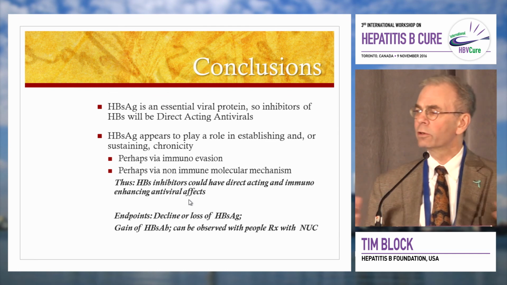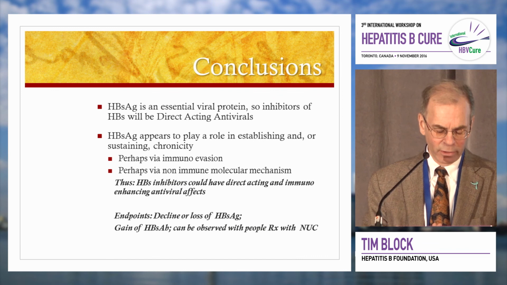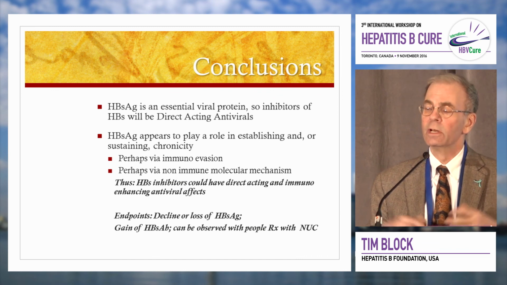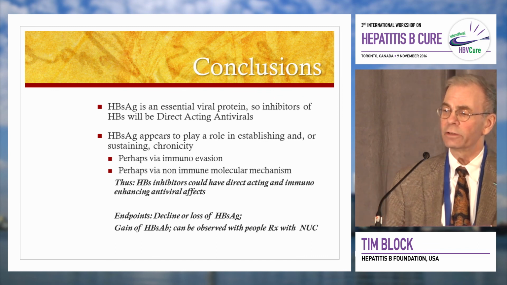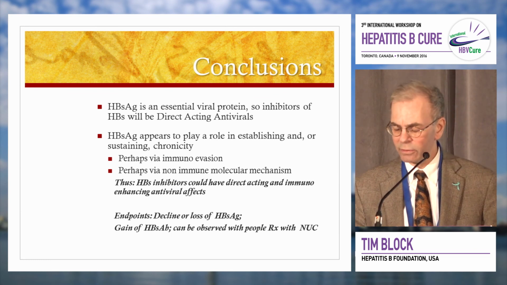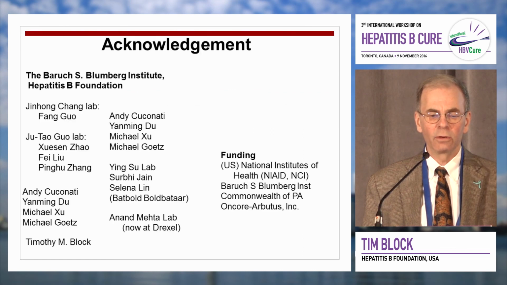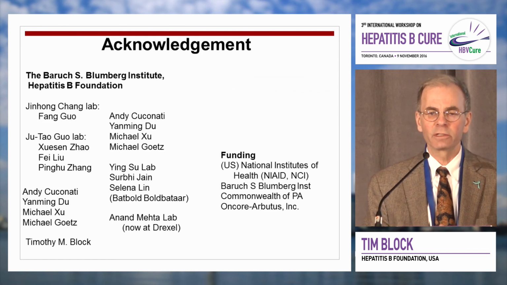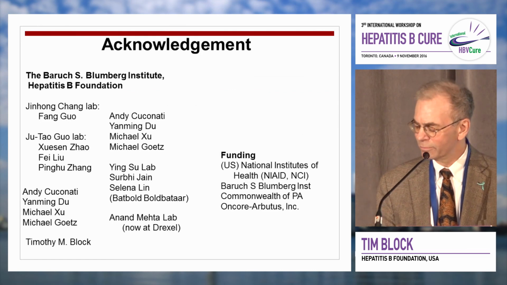Obviously, the current nukes are not that effective at reducing S antigen, so it's easy to use this as add-on therapy to look at the extra value of your drug. So I'm just going to skip that and go to my acknowledgments, and thank you all very much.